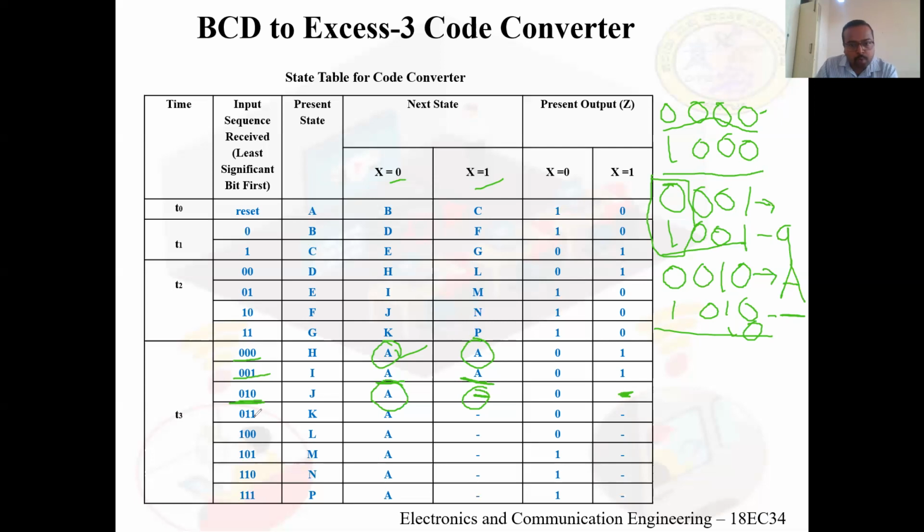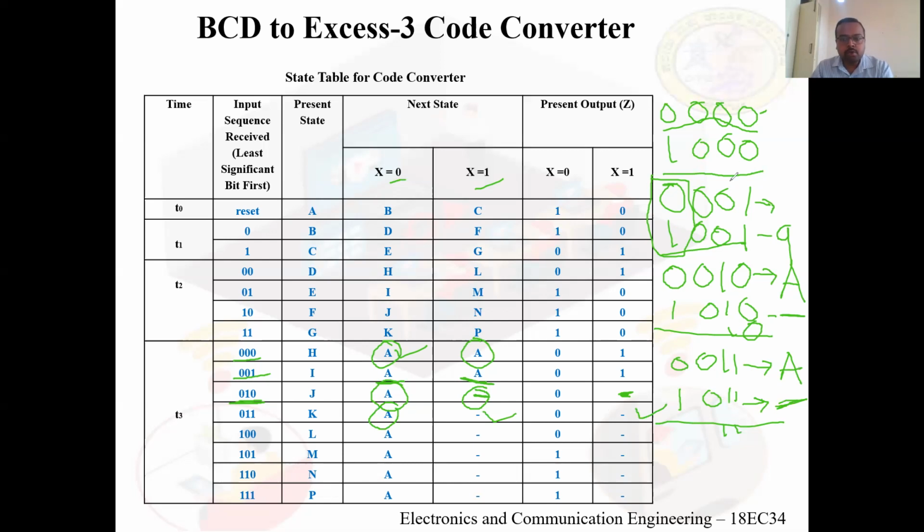Similarly, what we have 0, 1, 1. When X is 0 and X is 1, we have 0, 0, 1, 1, which is 3. It will go to the reset state A. Now it is 1, 0, 1, 1, which is nothing but 11. We write it as a don't care condition and put a dash here. We understood why we put the dash here?